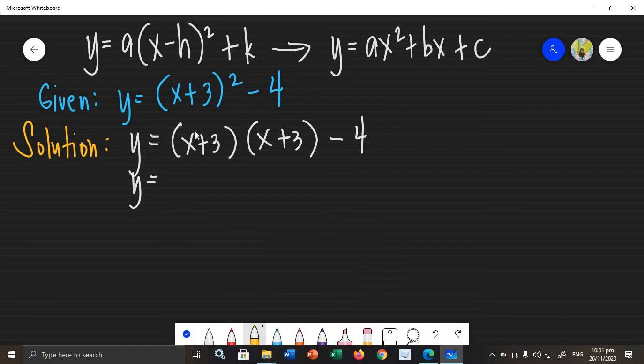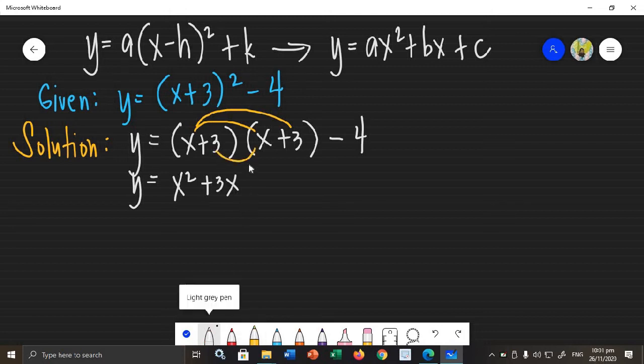So, using FOIL method, solve natin yung product nito dalawang binomial. So, x times x, that is x squared. And then, x times positive 3, that is positive 3x. And then, 3 times x, that is positive 3x also. And then we have 3 times 3, that is positive 9. 3x plus 3x, we can combine them.